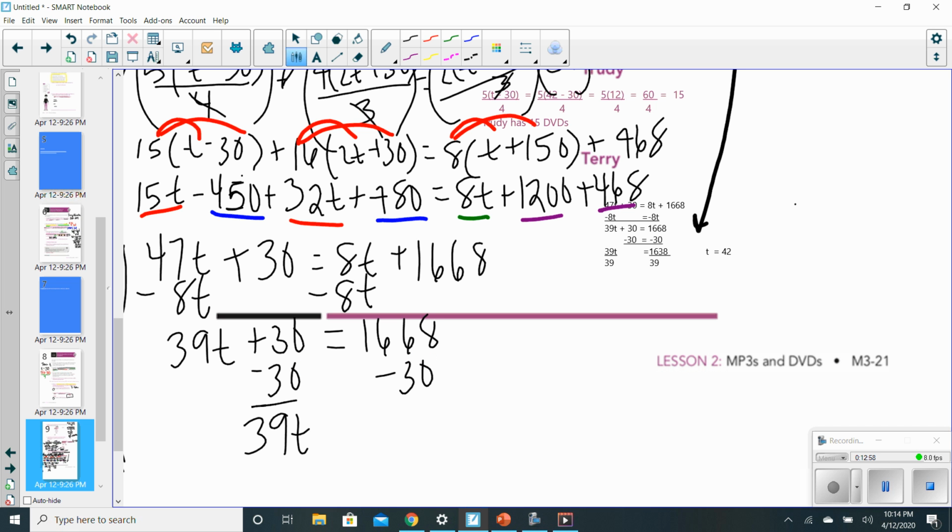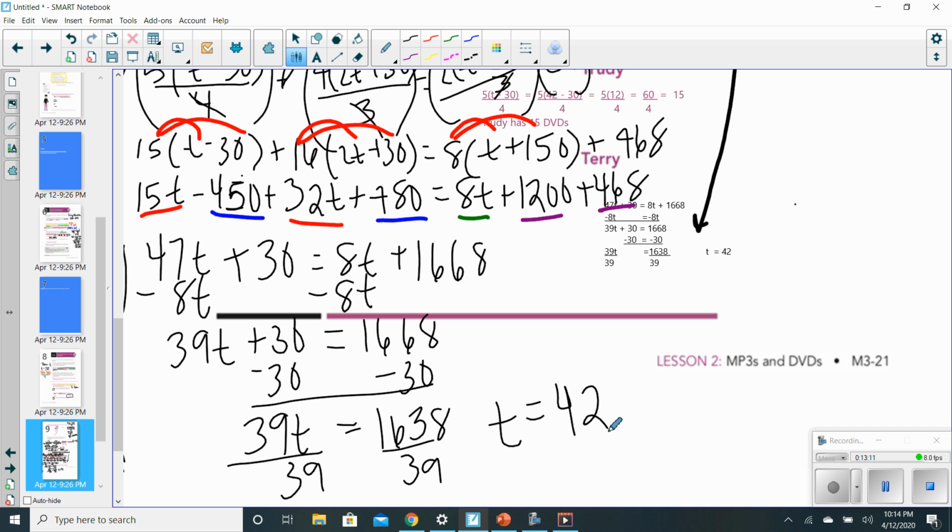I'll be left with 39t equals 1638. Divide both sides by 39, and t equals 42.